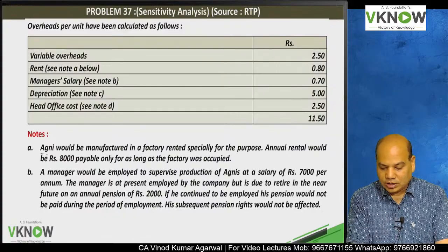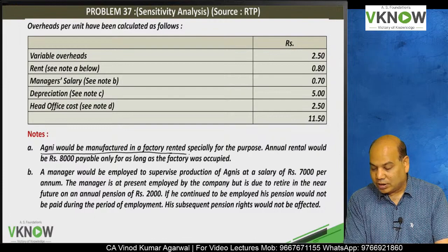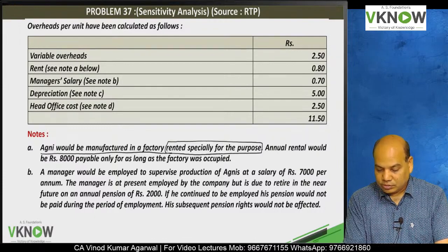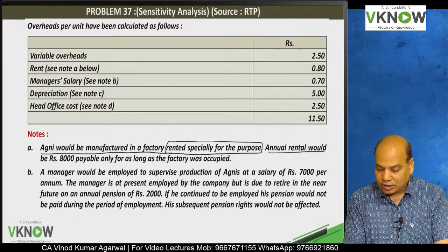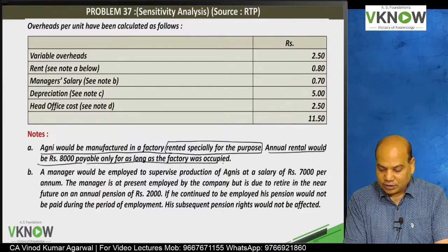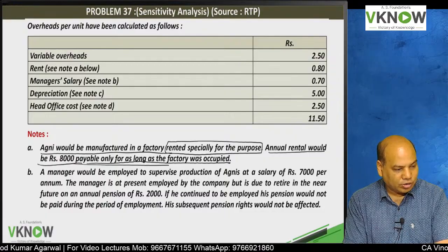Note number A says Agni would be manufactured in a factory rented specially for the purpose. This factory was rented for manufacturing of Agni. Rental would be 8,000 payable as long as the factory was occupied.